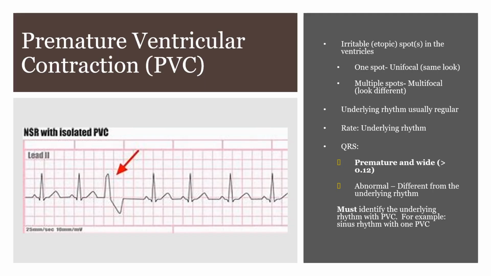With our first dysrhythmia, premature ventricular contractions, sounds very similar to one we looked at in a previous video of premature atrial contractions. So we said that premature means it comes early. So now we're looking at a premature complex that is going to be initiated by the ventricles. So we're used to electrical stimulation coming from the atrium down to the ventricles.